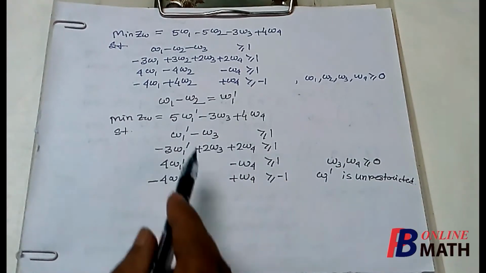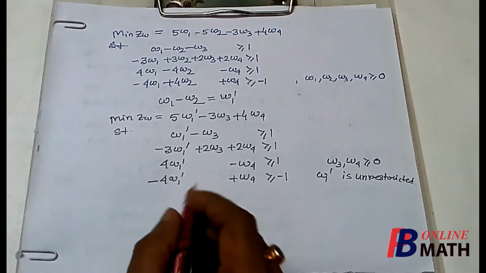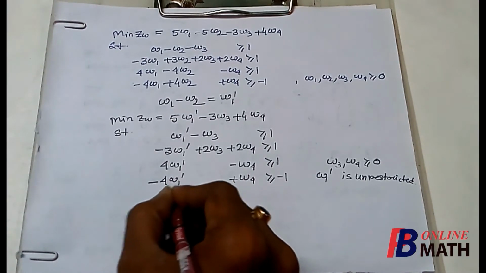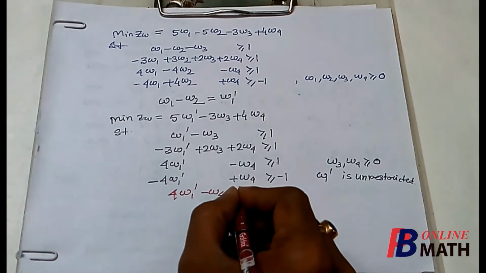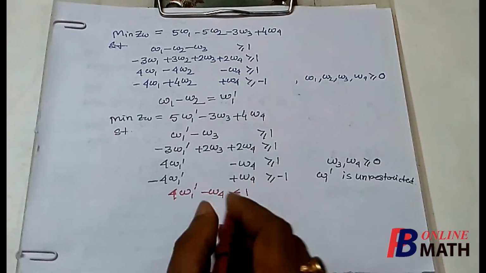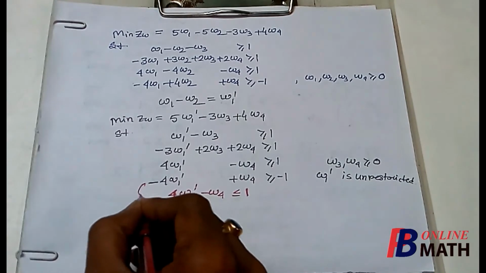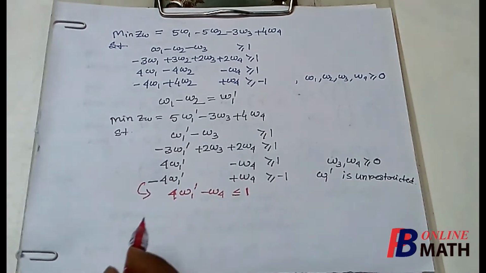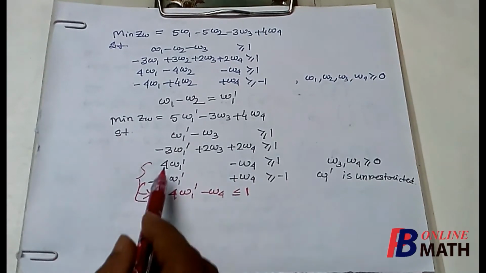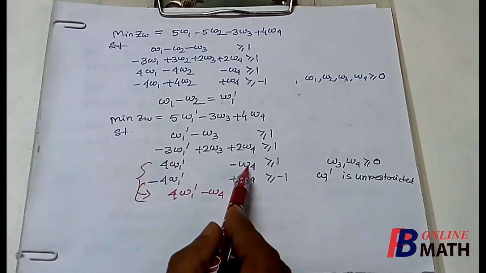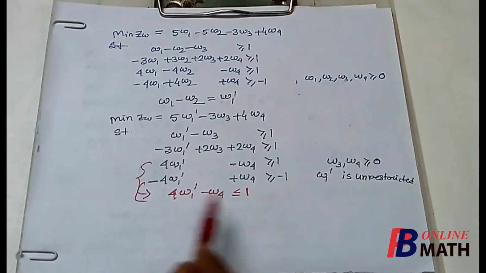So this is the dual problem. If we multiply the last constraint by minus 1, then it becomes 4 omega 1 dash minus omega 4 less equal to 1. So now if we combine the third and fourth constraint, then we find that it is 4 omega 1 dash minus omega 4 greater equal to 1, and this is 4 omega 1 dash minus omega 4 less equal to 1.